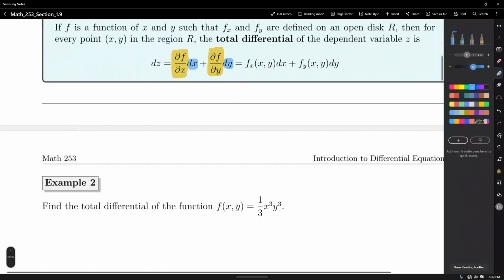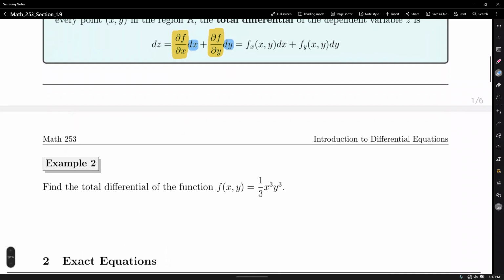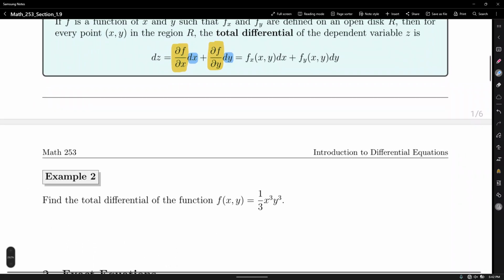Okay, so they're asking us to find the total differential of the function f of x y equals 1/3 x cubed y cubed. I'm just using the same function from the preliminary example to move on quickly.